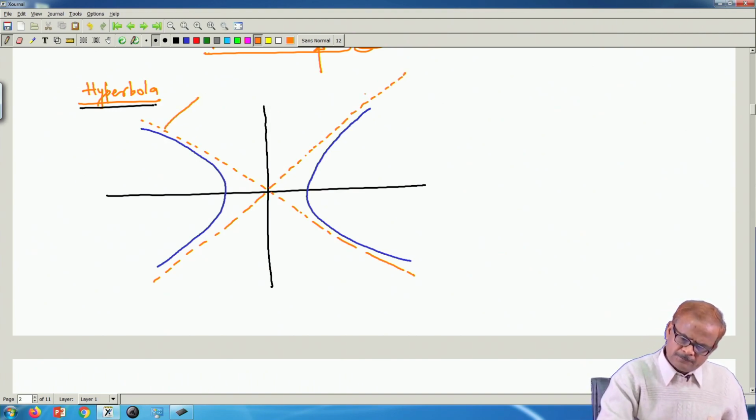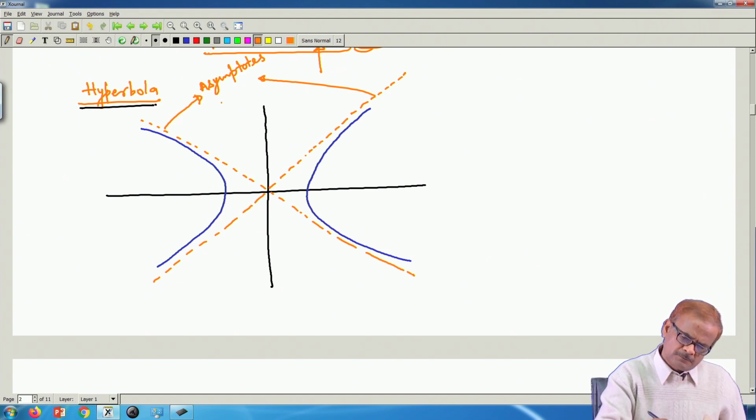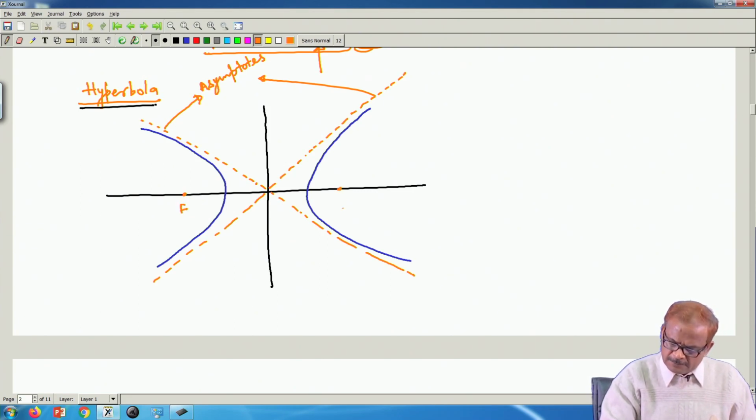These two are asymptotes. Okay. Let us say this is focus F, and here another focus F star.